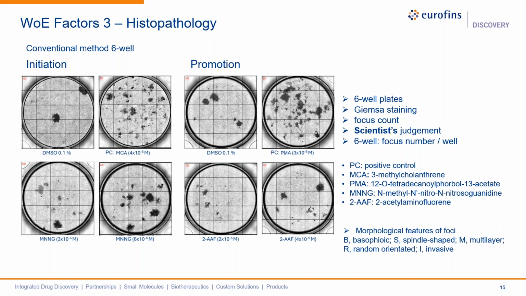This slide shows an example of the conventional method for the cell transformation assay. As you can see, the assay measures both initiation and promotion phase carcinogenesis using positive control compounds. On the left, we have MCA for the initiation phase, and on the right, PMA for the promotion assay, both tested in a 6-well plate format.